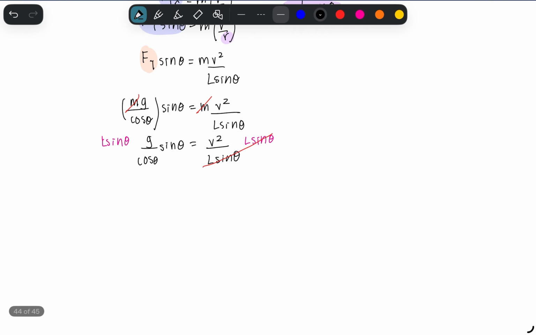If we do this, then we have v squared is equal to g L sine squared theta divided by cosine of theta. After this, you just take the square root of both sides, and you get that your speed is equal to sine theta times the root of g times the length of the string divided by cosine theta.